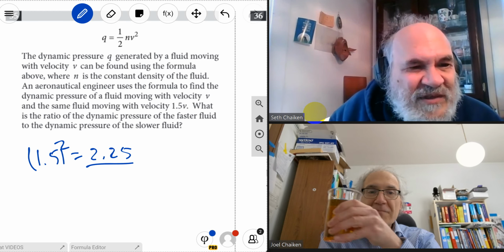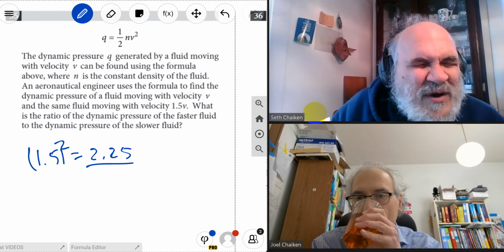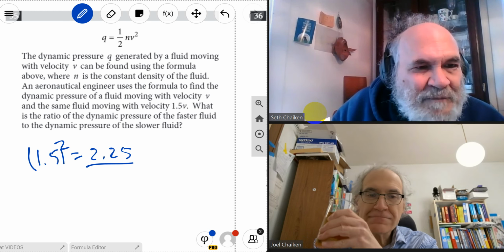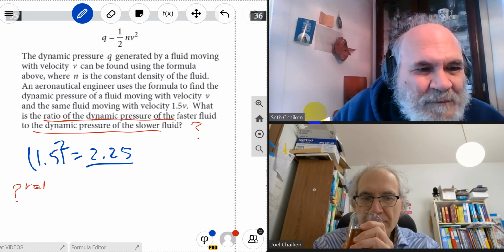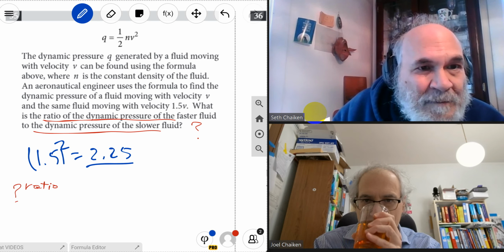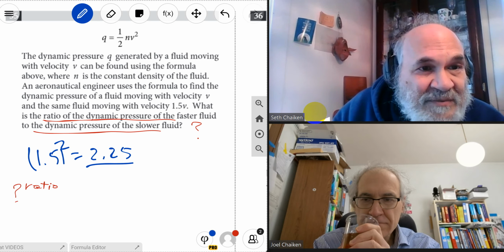Let's see. Okay, so again, read the question and identify what they are asking for. That is the ratio. Now a ratio is obtained by dividing two things.